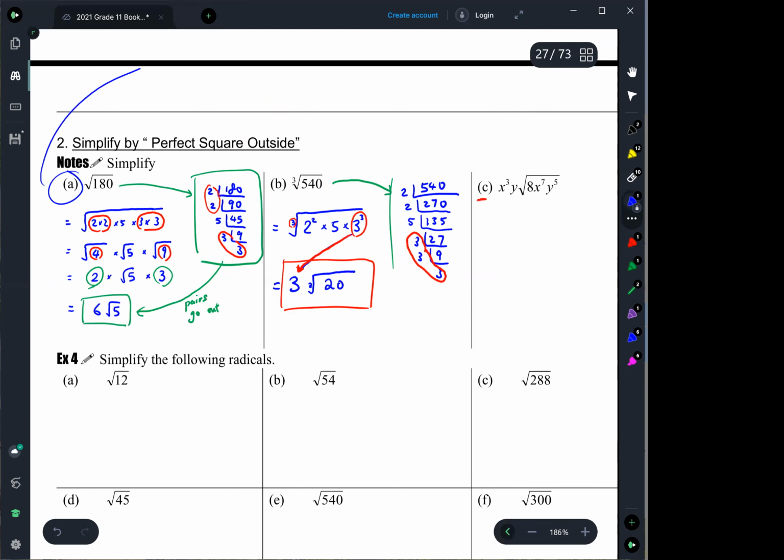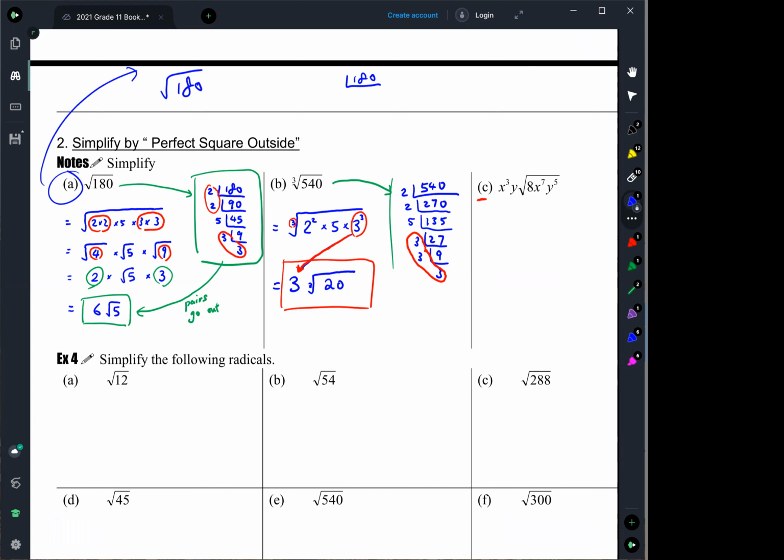Another way to make it a little bit shorter, so you can apply it to your work. For 180, the safest way is just to start with 2, right?